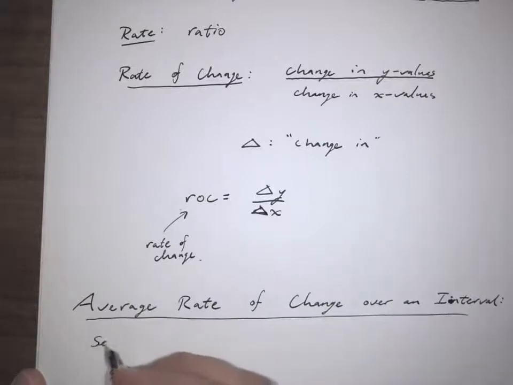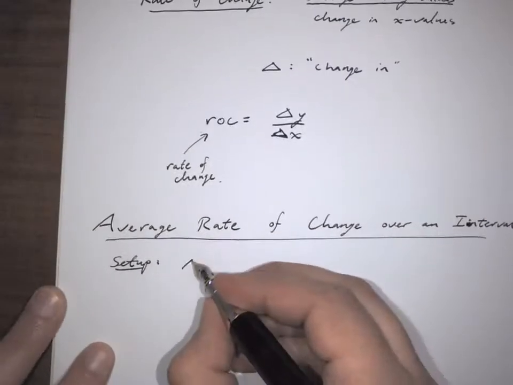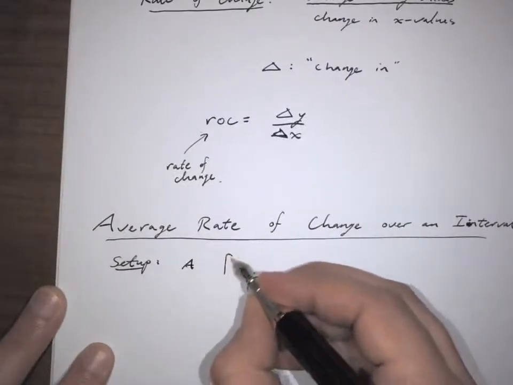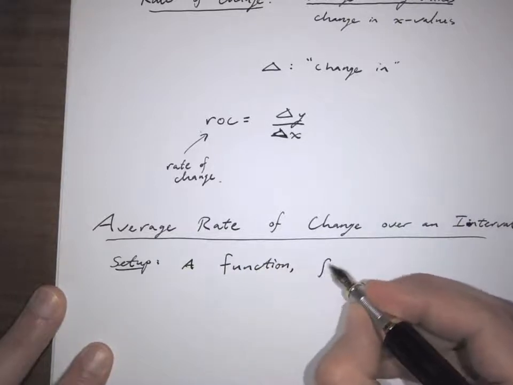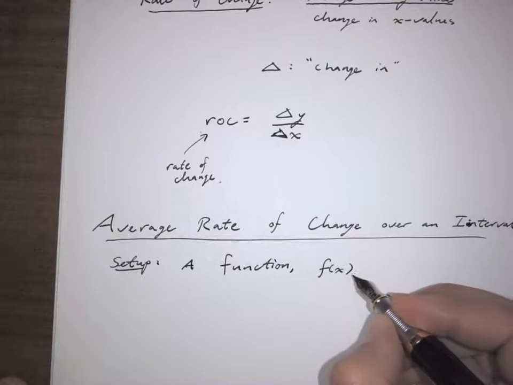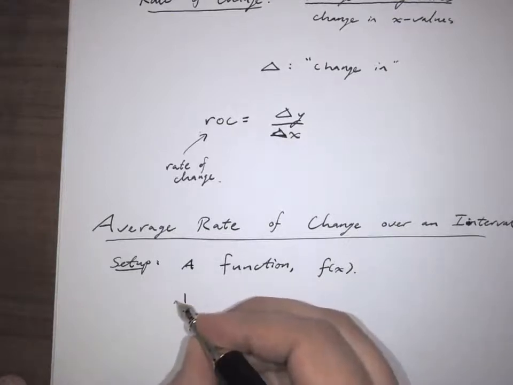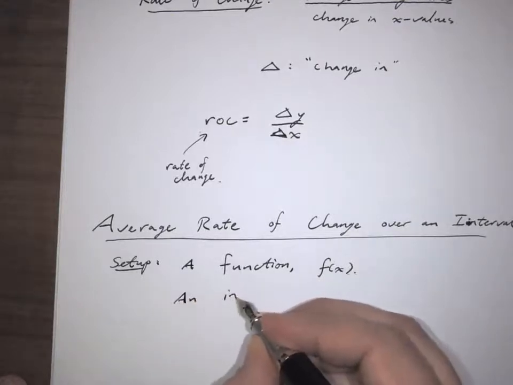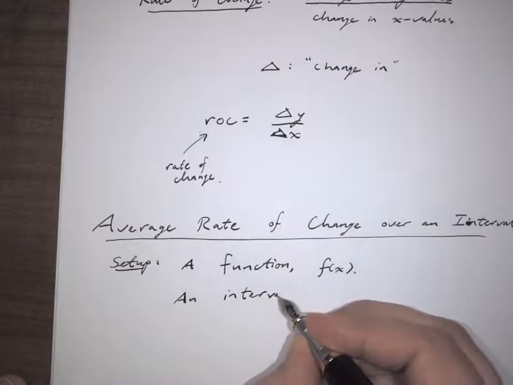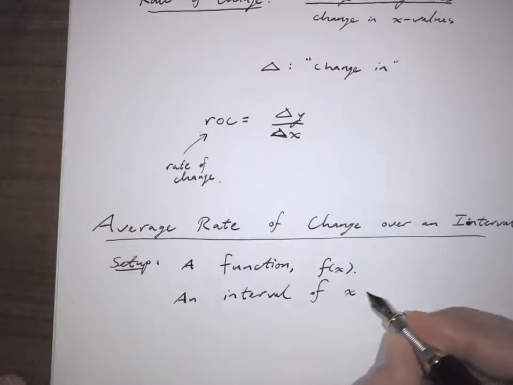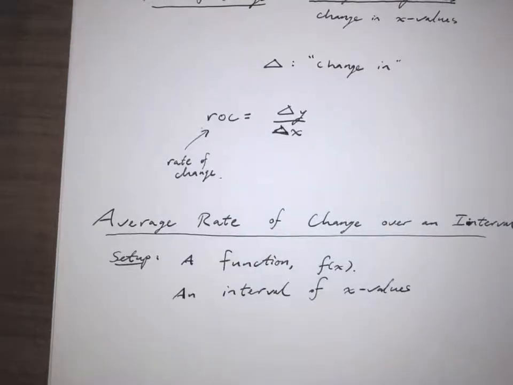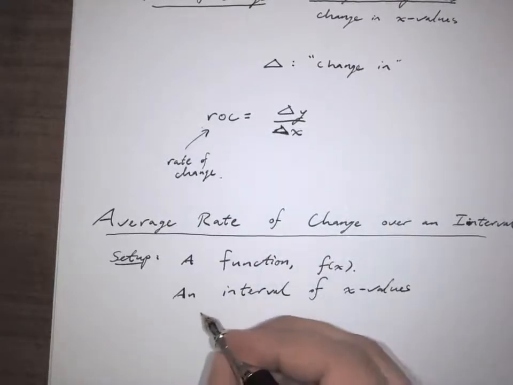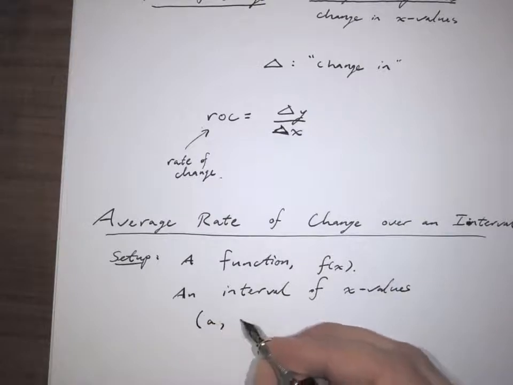So the setup here is that we have an interval, or I guess first we have a function, f of x. And we have an interval of x values. And the interval of x values is going to be, let's say, a to b.